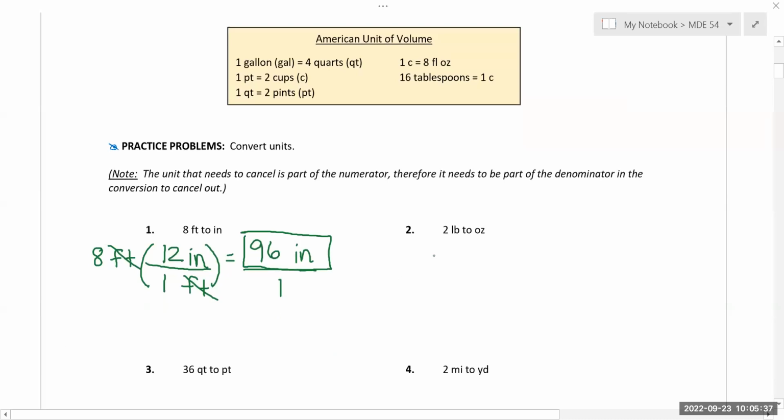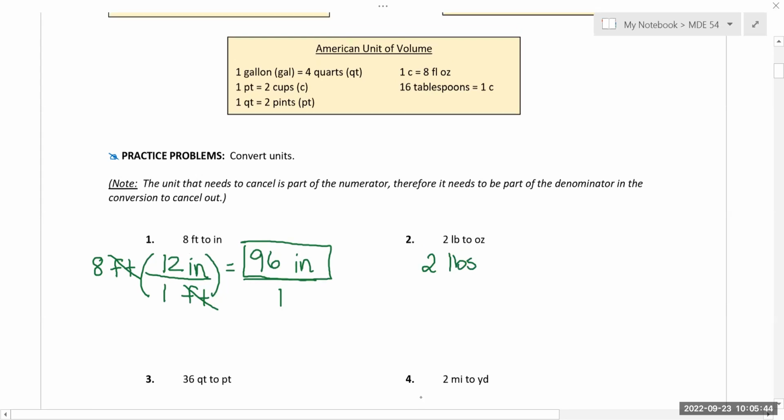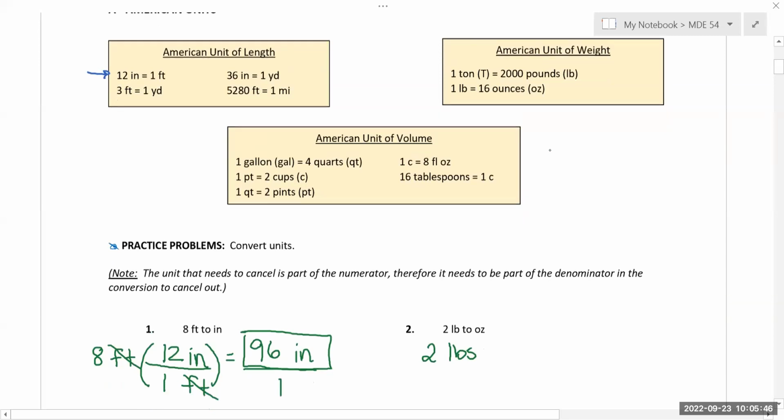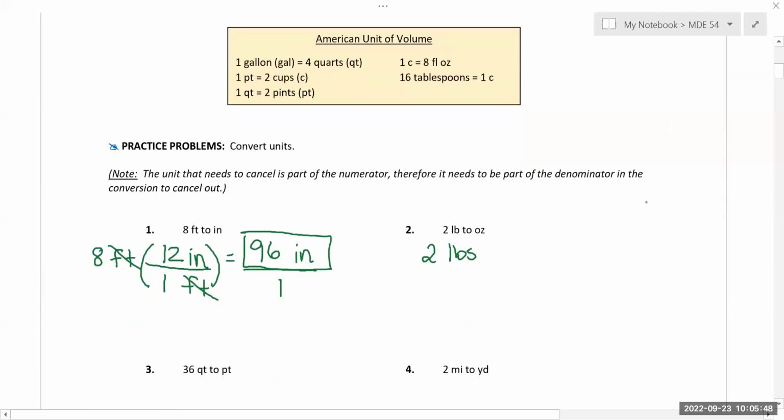If I wanted to do pounds, I want 2 pounds. Do I have a pounds to ounces conversion? Let me see up here. I do. 1 pound is 16 ounces. Okay, so I'm going to write that up there. So I need pounds on the bottom, ounces on top. That way it'll cancel and give me ounces.